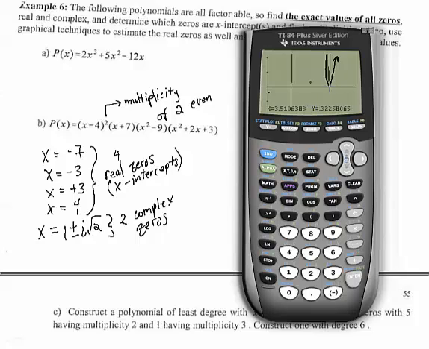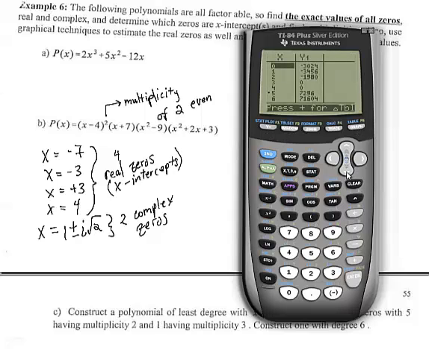Okay. And so if we looked on our table at x equals 4, we could sort of get a second witness to the graph and see that we have at x equals 4, 0 and 3, y equals 0.